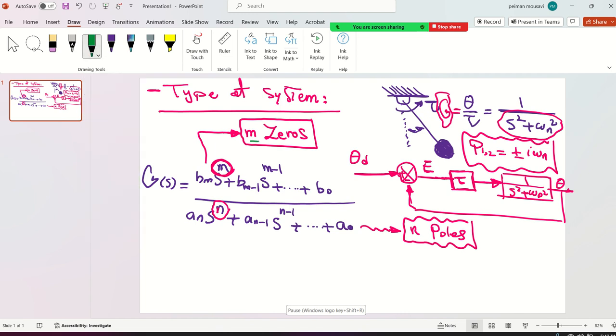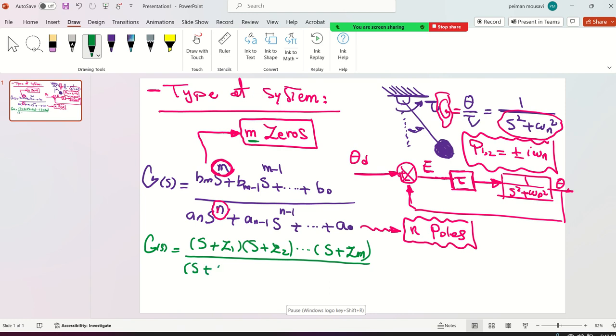Now you have m zeros and n poles. You can say G of s, the open loop transfer function, can be written as s plus z1, s plus z2, and s plus zm, because you have m zeros, divided by s plus p1, s plus p2, poles, and s plus pn.